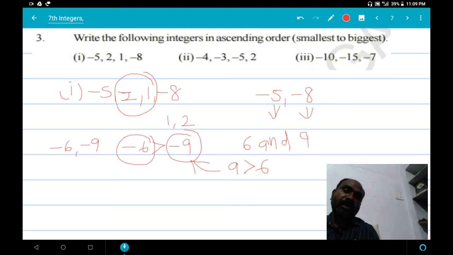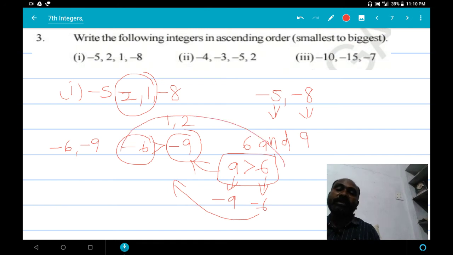So among positive numbers, the bigger number is bigger, but when we add a negative sign to 9 and 6 as minus 9 and minus 6, it changes. Minus 6 is bigger than minus 9.